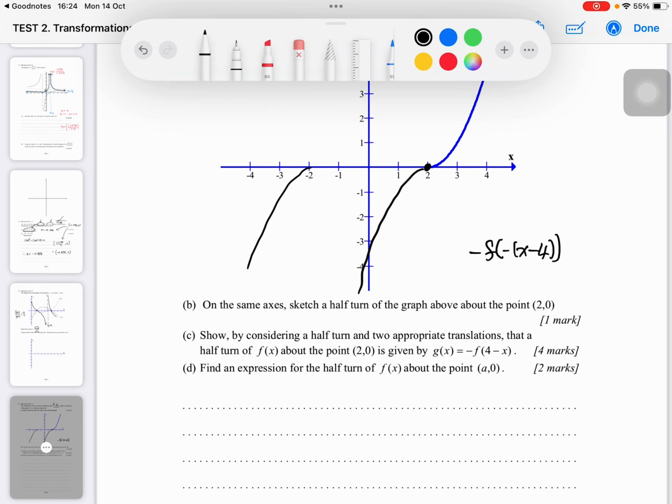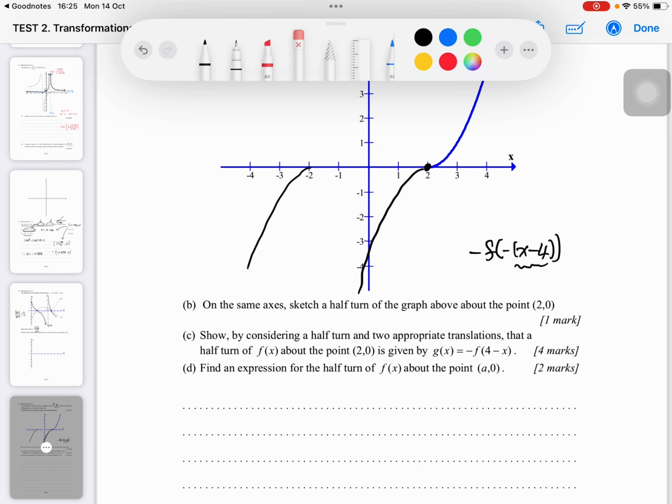So which means we reflect twice, negative f, negative x, and we go to the right side 4 units, then we see this second graph. So it makes sense.